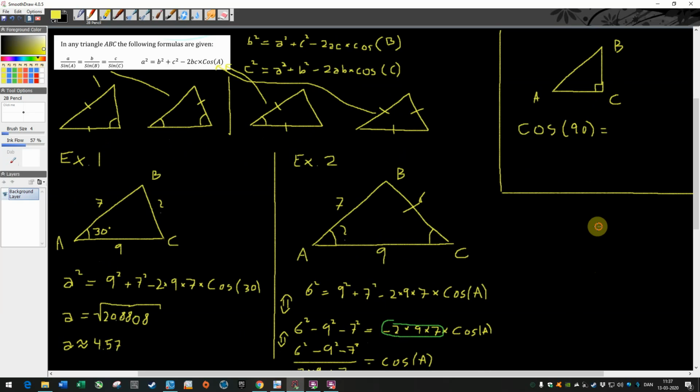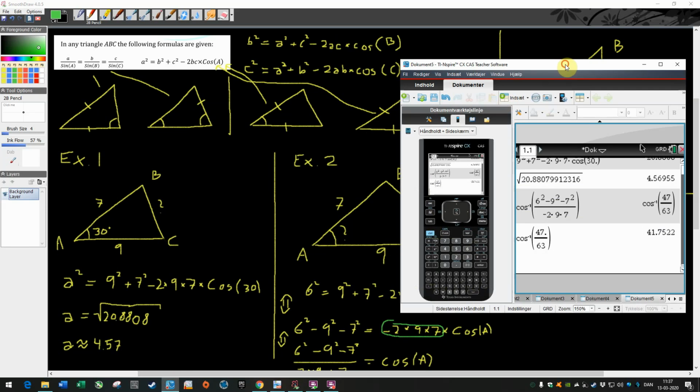I'll just draw a unit circle down here. Now I take the point here and I move it until the angle is 90 degrees. So the point is there. So cosine of 90, remember that this was equivalent to the x-coordinate. And what is the x-coordinate of the green point? That is 0. You can check it on your calculator as well.